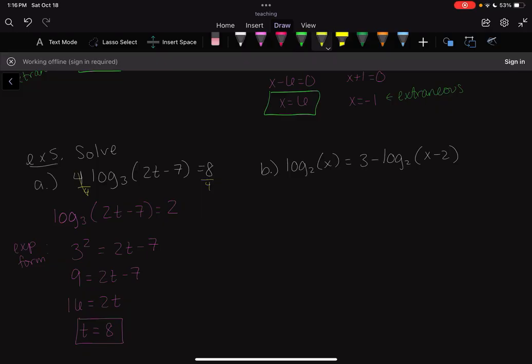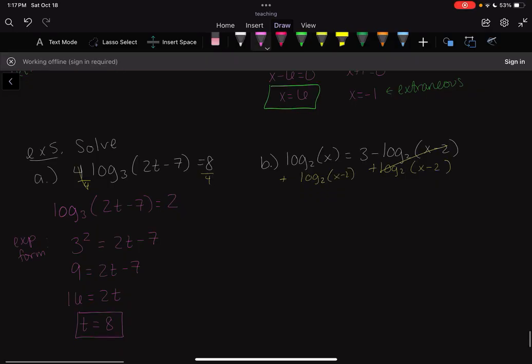So my first step here is I'm going to add this log to the other side. That way I can put them together, and then I'll be able to move to exponential form.